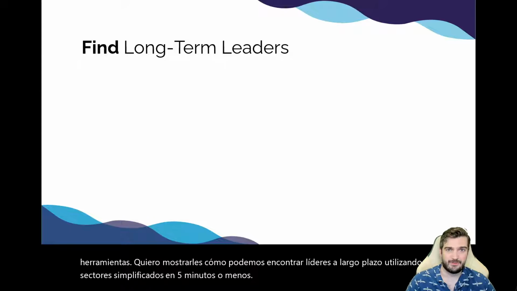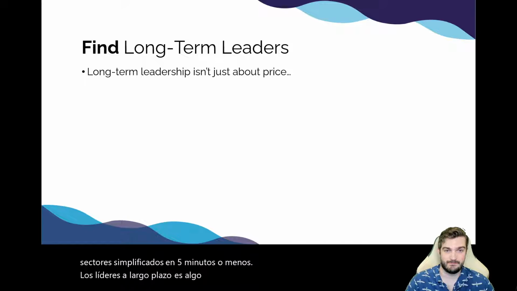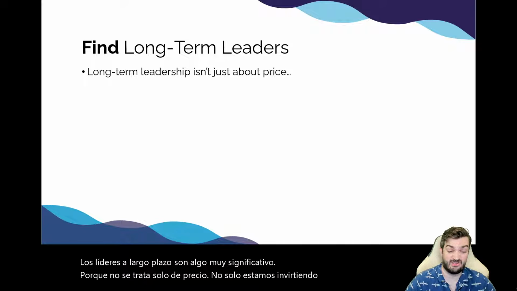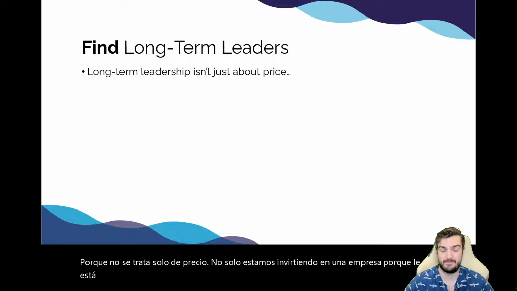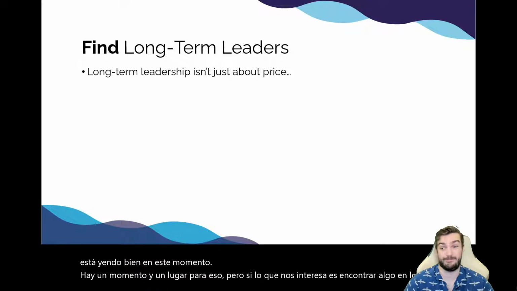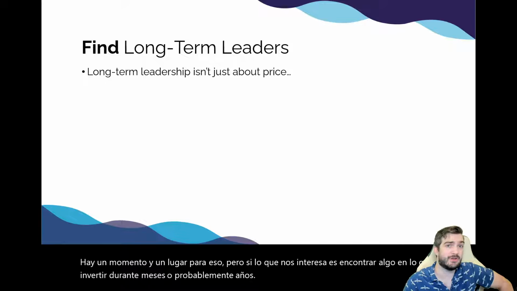Long-term leaders is something that is very meaningful because it's not just about price. We're not just investing in a company because it's doing well right now. There is a time and a place for that, but if what we're interested in is finding something to invest in for months or most likely years, it's not just about who's having a good month.